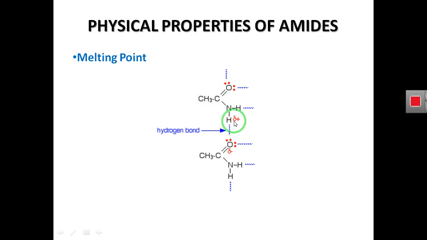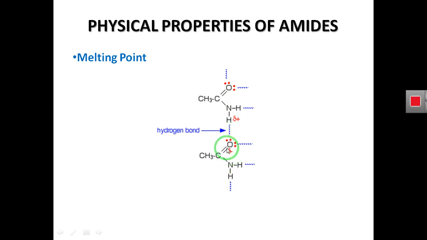So it will attract the lone pair of electrons of the nearby oxygen atom of another amide. Then a hydrogen bond would be formed between two amide molecules.